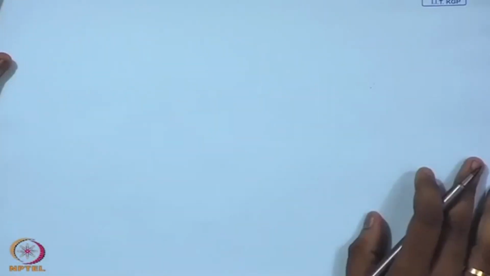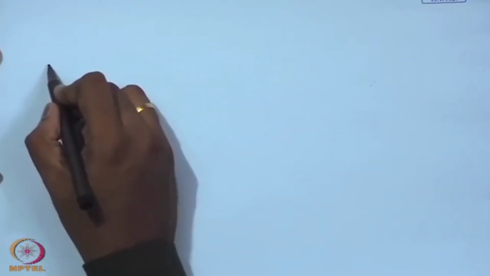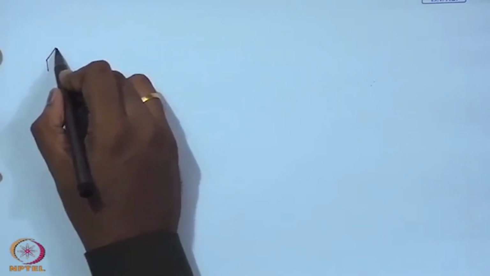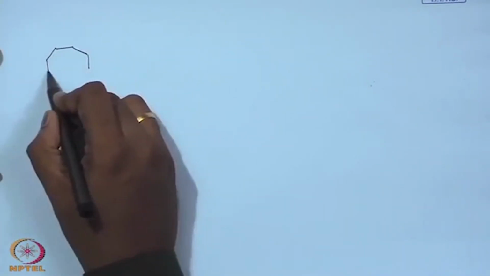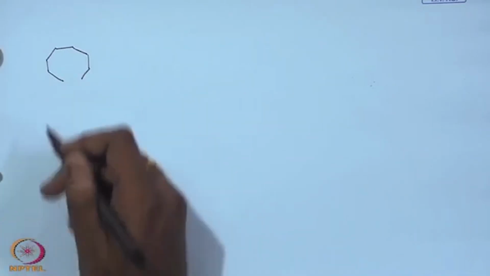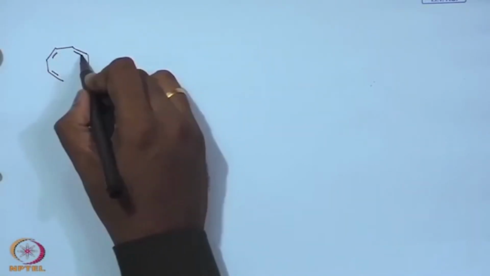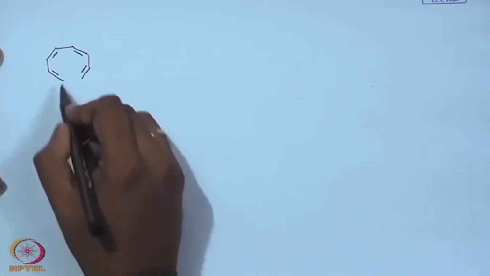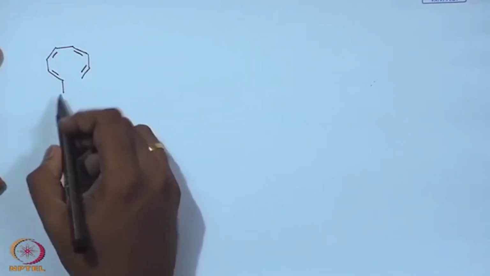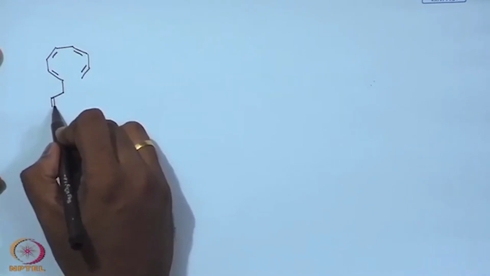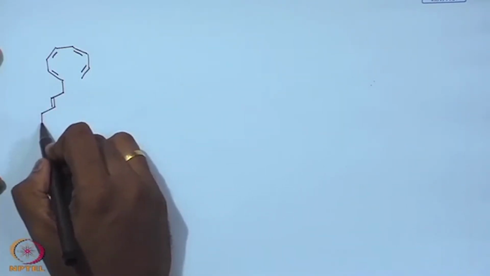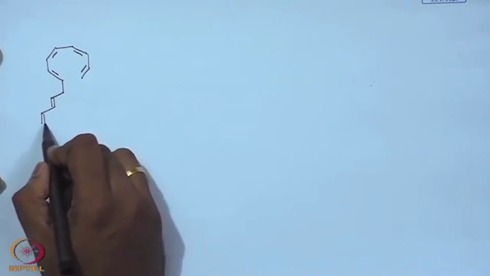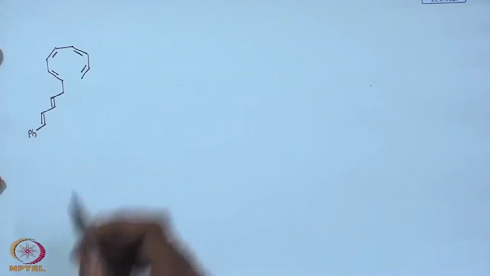Okay, then it is fine. Then we will go for the synthesis of B and C. It's a similar system, just like this. So, again I am taking the system, but the only variation is that you have a phenyl, which is the E form of it.